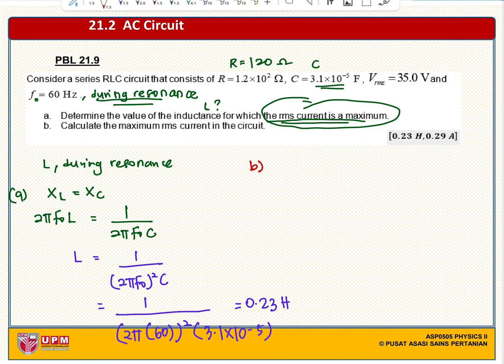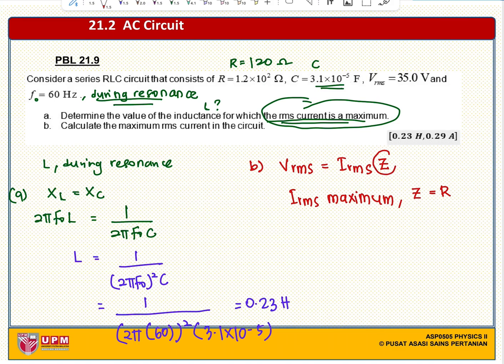For B, it wants the maximum I RMS. So you have VRMS equal to I RMS times Z. I RMS maximum happens when Z is equal to R, at resonant.